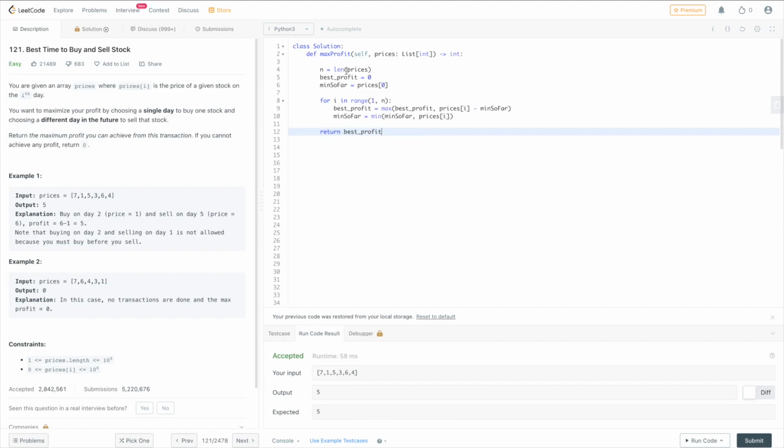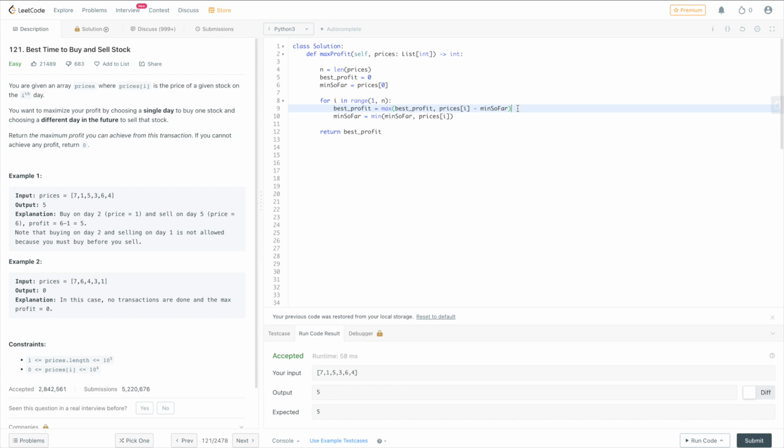Okay, so this is how we would code up the solution. We define n as the length of our array. The best profit initially is set to 0. The minimum value so far is just the first value of the array. And then for each value in the array, we do some updates, right? So here we are updating our best profit.